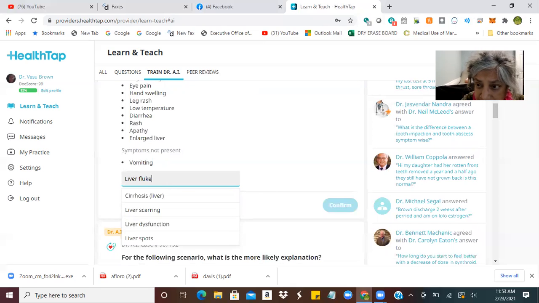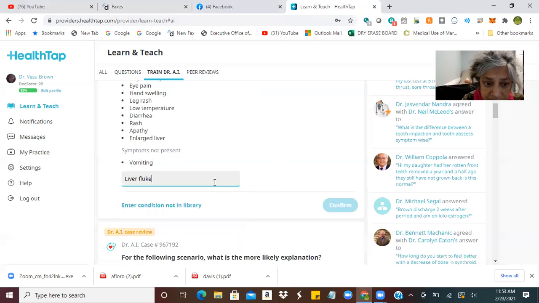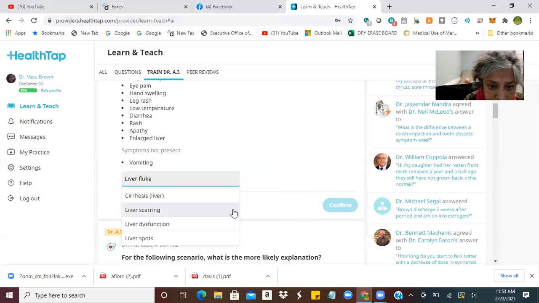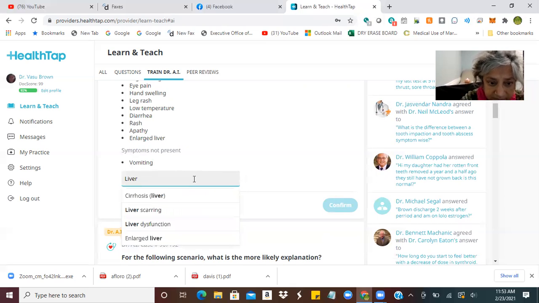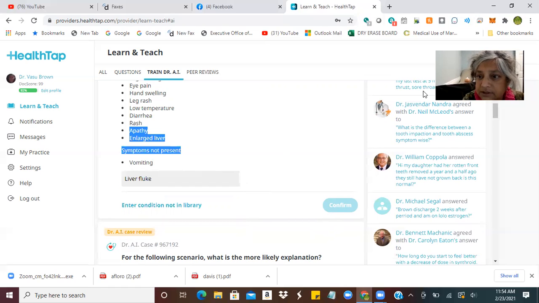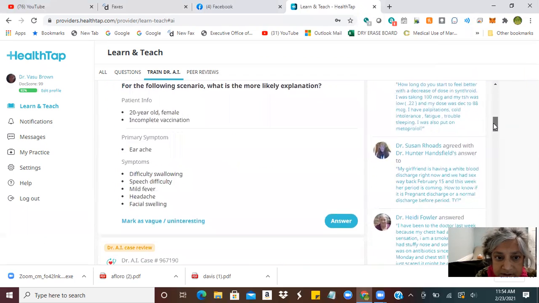Versus liver dysfunction, liver spots, full map. Populating. Liver fluke. Oh yeah.